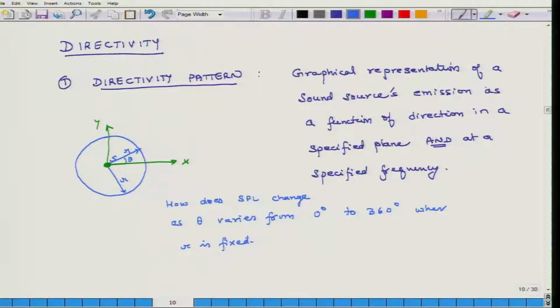For a specific R, how does SPL change when theta varies from 0 degrees to 360 degrees?